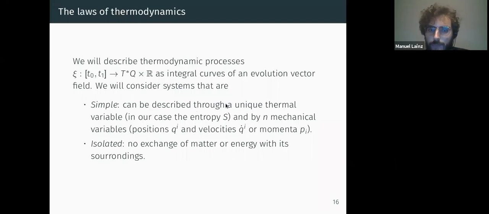We will choose the entropy to play the role of this thermal variable, and a finite number of mechanical variables, which will be positions and momenta, or we can use positions and velocities if we want to work in the Lagrangian formalism. And we will also assume that the system is isolated. That means that there is no exchange of matter or energy with its surroundings.